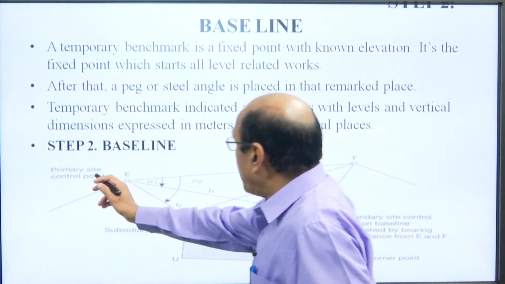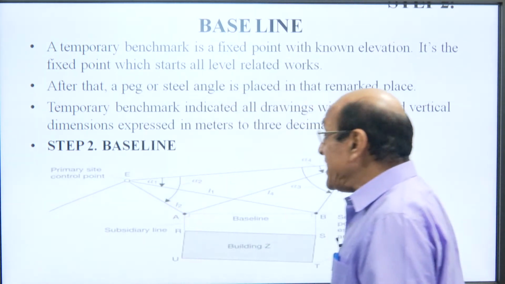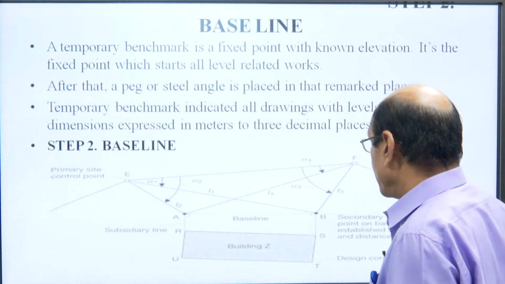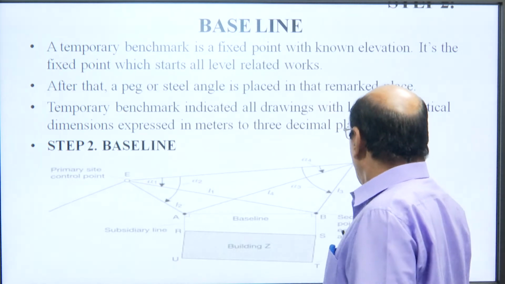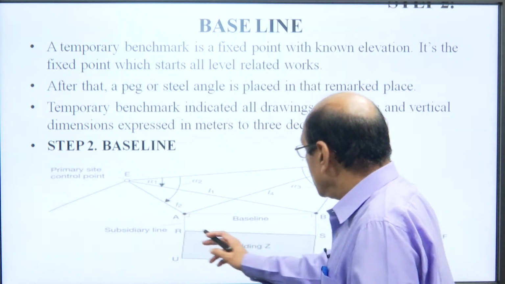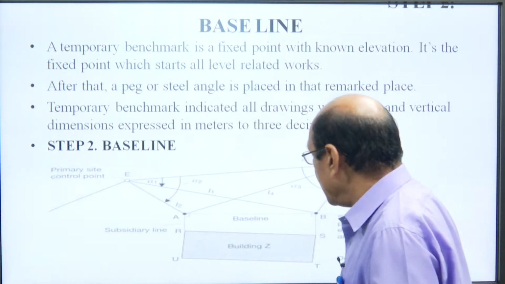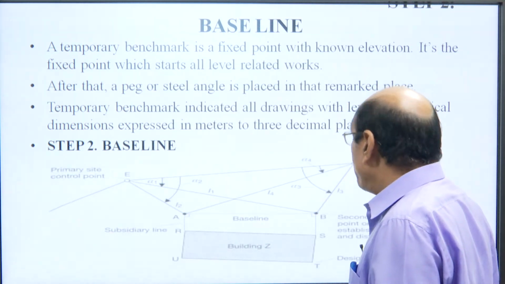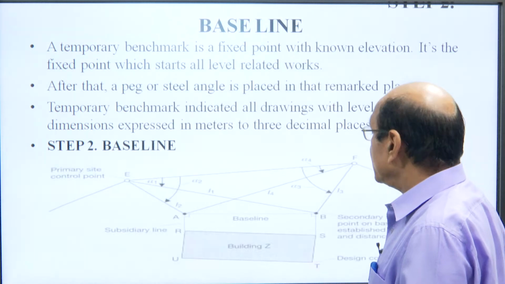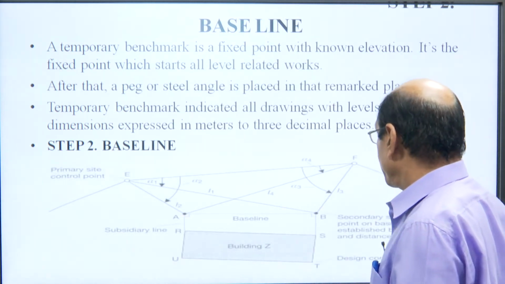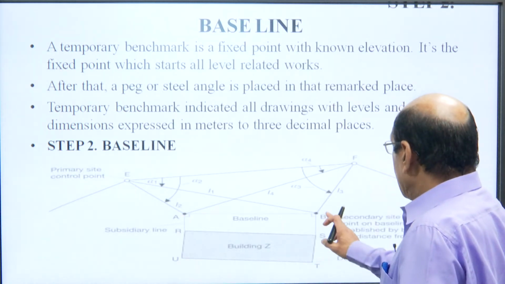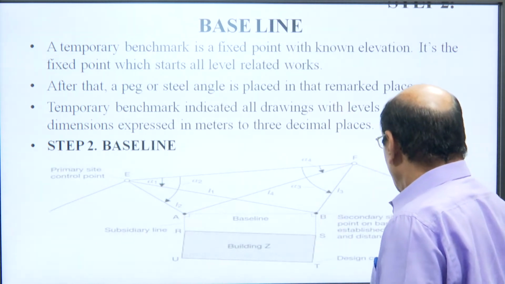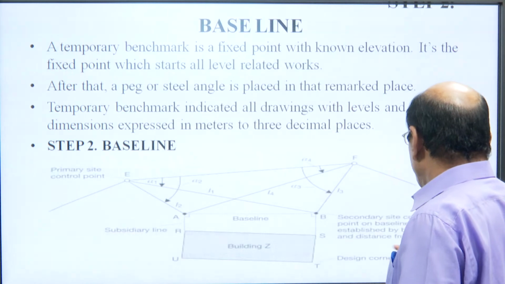this is the primary site control point. E is the primary site control point, and here is the A, it is a baseline, a starting of the baseline. The next is B, it is also a secondary site control point.